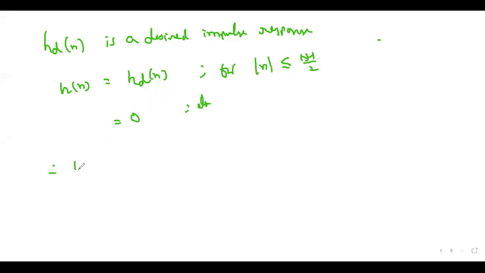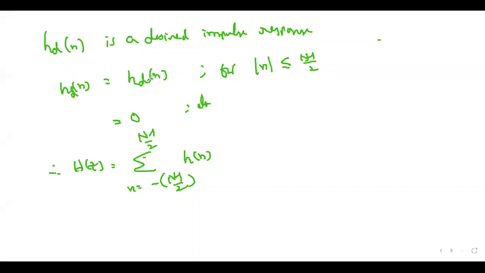Therefore, now H of z is equal to the summation over n, where the h_d of n sequence ranges from minus (N minus 1)/2 to (N minus 1)/2. In this range only we have the h of n samples.